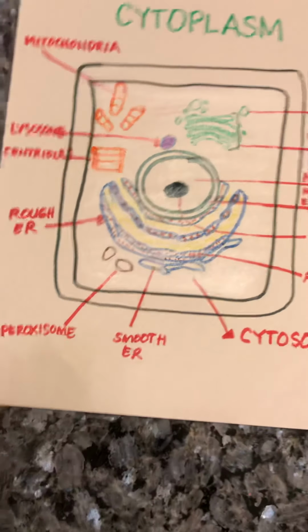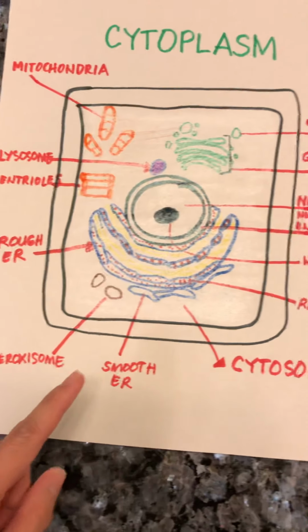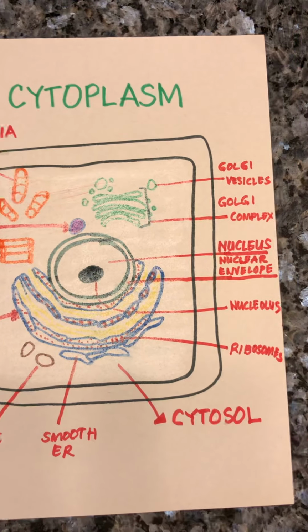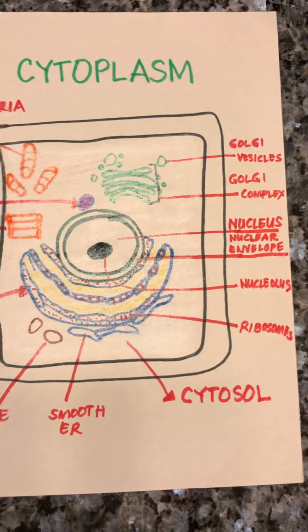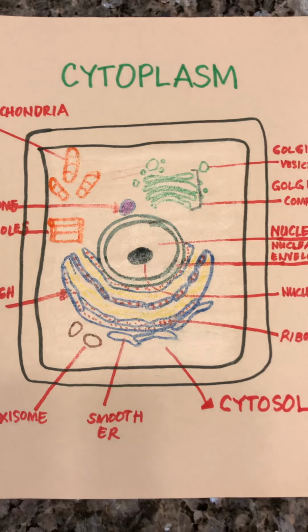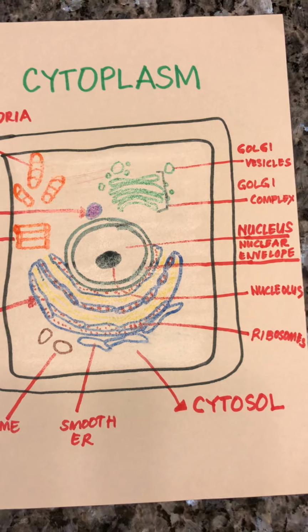Now, the next organelle I want to talk about is the endoplasmic reticulum. The endoplasmic reticulum consists of extensive channels called cisternae.